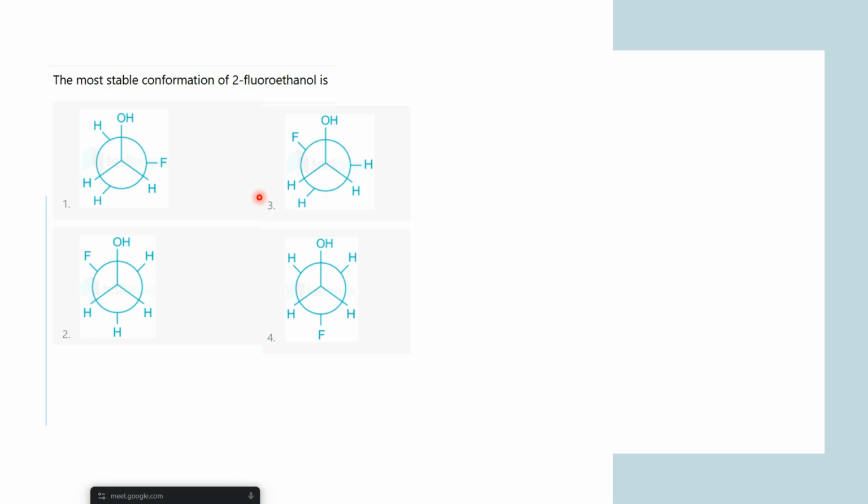So another similar question we have here. Here we will talk about the most stable conformation of 2-fluoroethanol. So out of these four given conformations, you have to choose the most stable conformation.